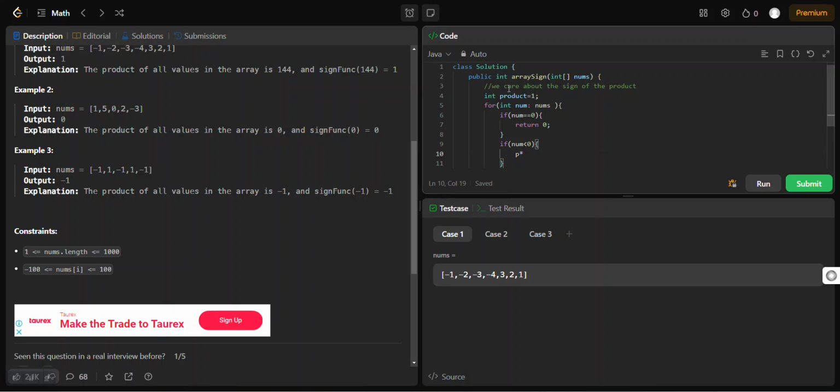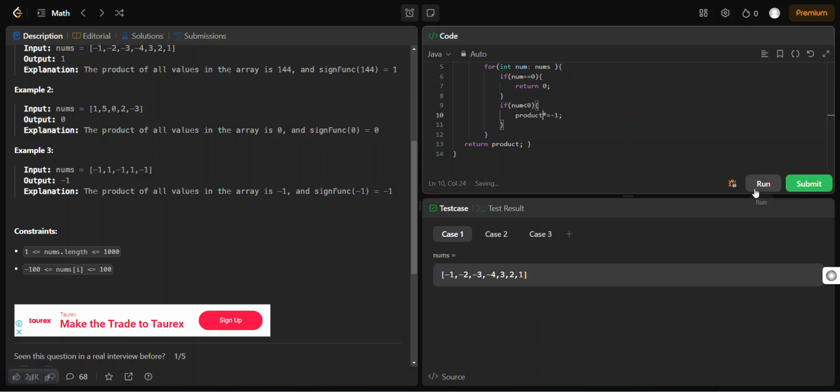Because we only care about the sign, and now we can just return the product.